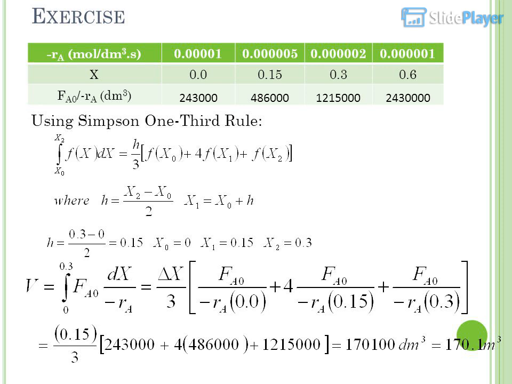FA0/Ra in dm3: 243,000, 486,000, 1,215,000, 2,430,000. Using Simpson's 1/3 rule.